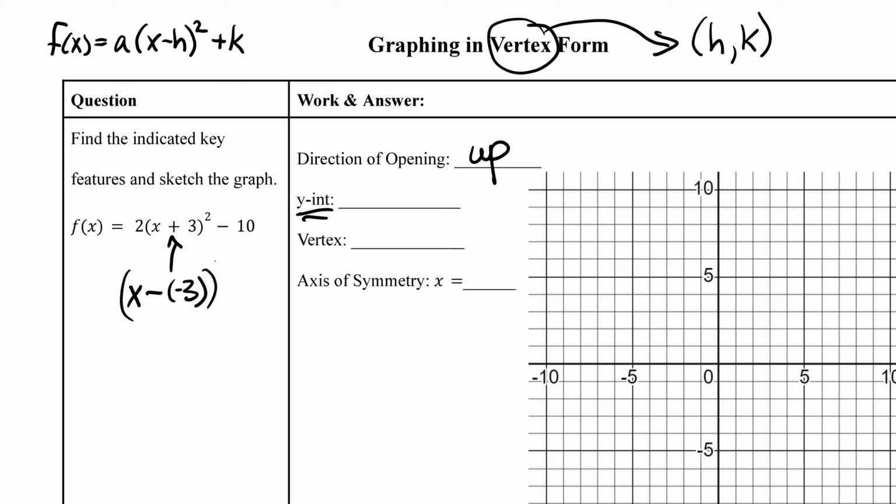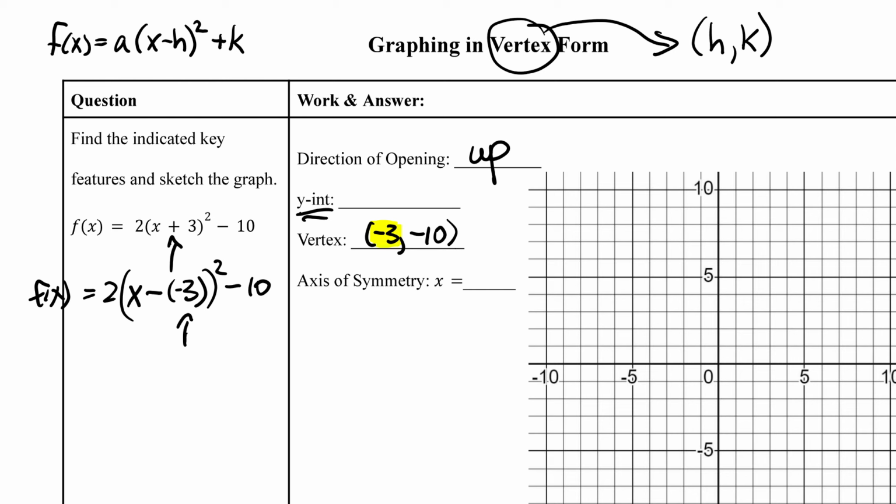So I've got this 2, and finally the minus 10. It's the opposite: this plus 3 means the x-coordinate is negative 3. And k is minus 10, so that does not change. So my vertex is negative 3 comma negative 10.